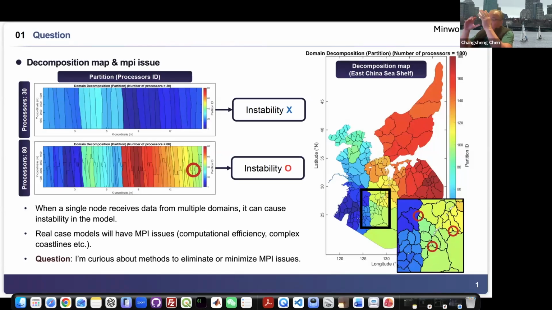My last answer said one node receives data from different locations, the three or four nodes, and at one point they can cause instability, but it doesn't always cause instability. If you have an interior region and a node cluster, there should be no problem.